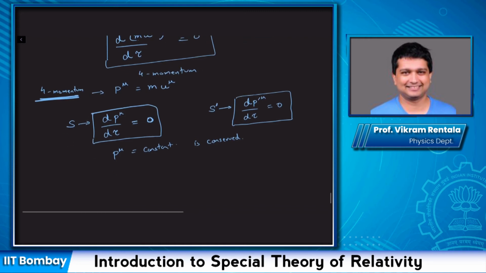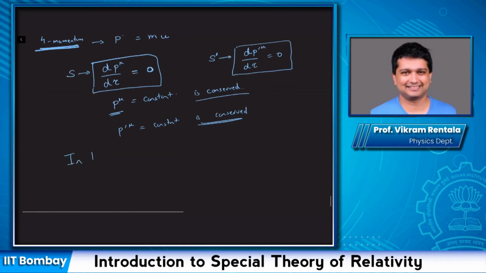And so what this is telling us is that in any reference frame, the 4 momentum p mu is conserved. So this would be true in frame S, but it would also be true in a different reference frame S prime. So in the absence of forces, 4 momentum is conserved.